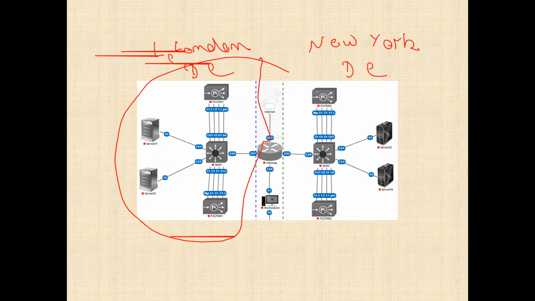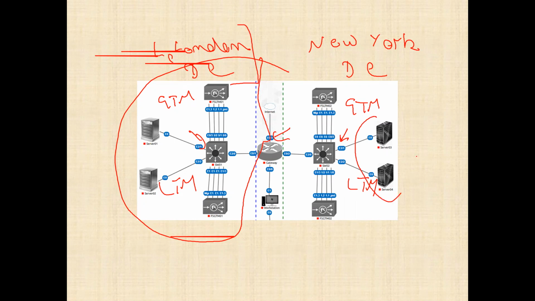So we have two data centers, and we have one GTM and one LTM in each data center. We have a layer 3 switch, one in the New York and one in the London data center, and we have our Linux servers.